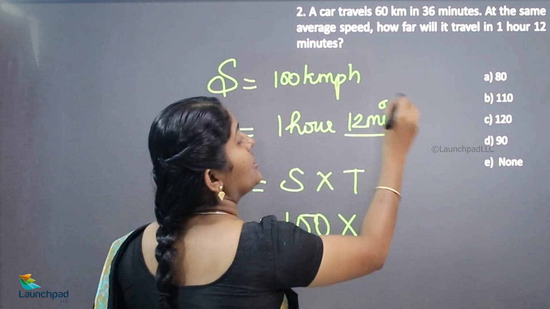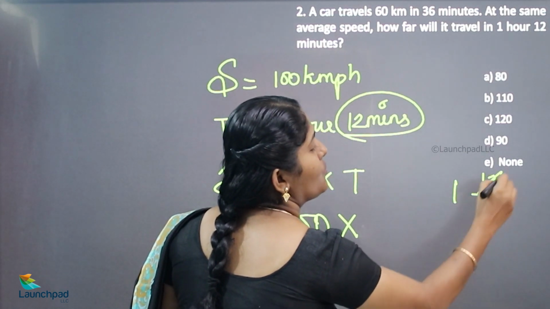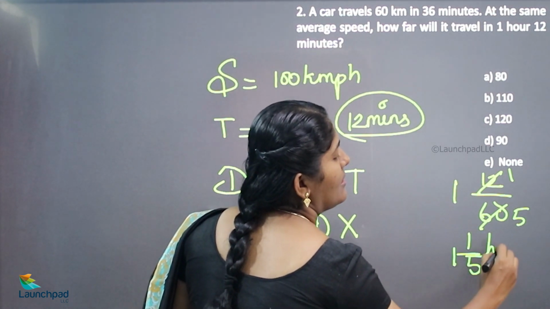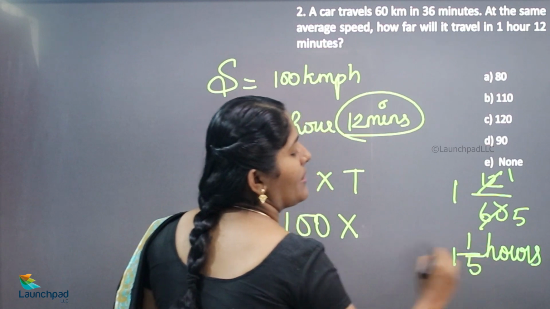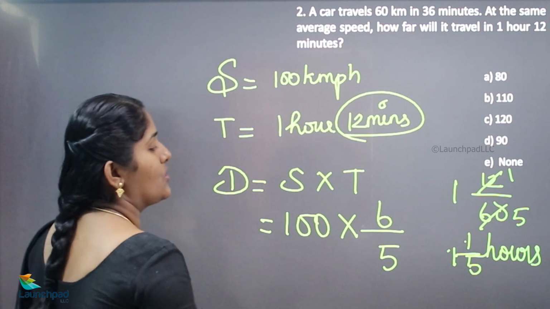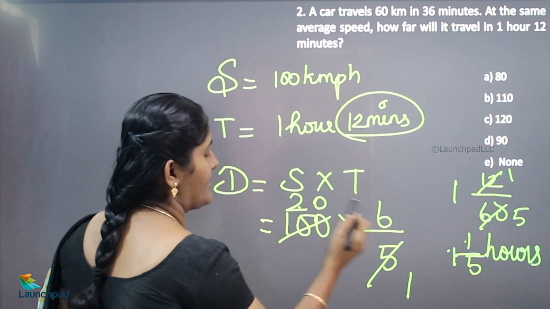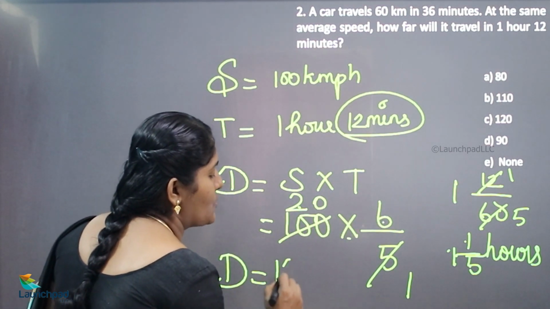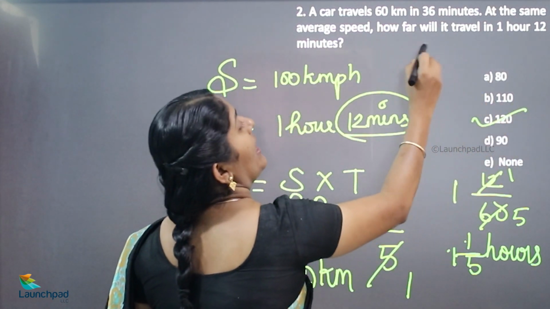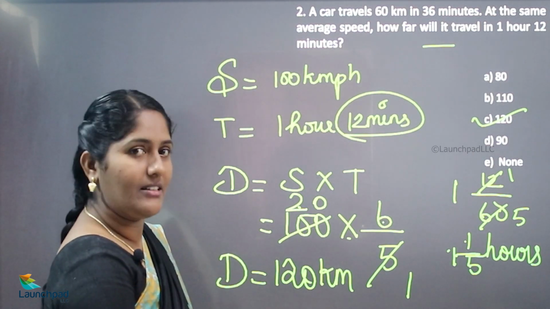We should convert the minutes into hours. So 12 by 60 is 1 by 5 hours. So 1 plus 1 by 5 is 6 by 5. 100 into 6 by 5, that is 20 into 6, distance is equivalent to 120 km. The car covers 120 km in 1 hour 12 minutes. So, this is the way we can calculate the distance.